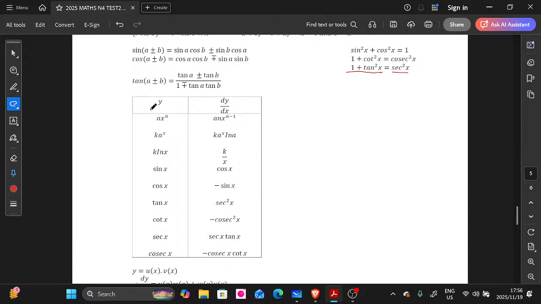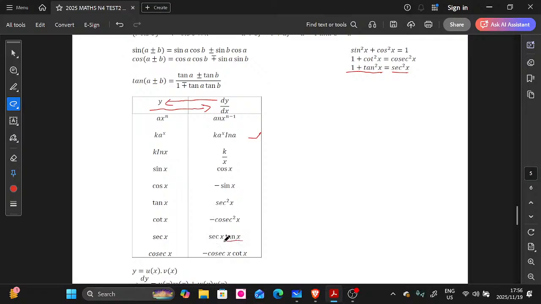When we differentiate, remember, we move from y to dy over dx. When we integrate, we move from dy over dx to y. So from this column here, let's look if we have sec x and tan x. We do have it here.